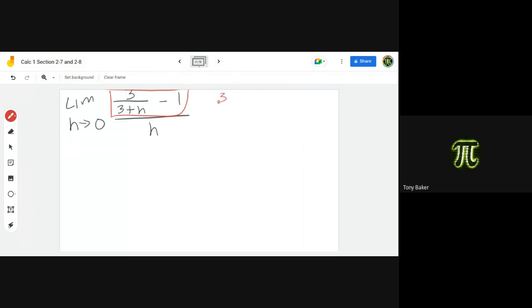So I have 3 minus 1 times 3 plus h, over 3 plus h. So I have 3 minus 3 plus or minus h. Which ends up being negative h over 3 plus h.